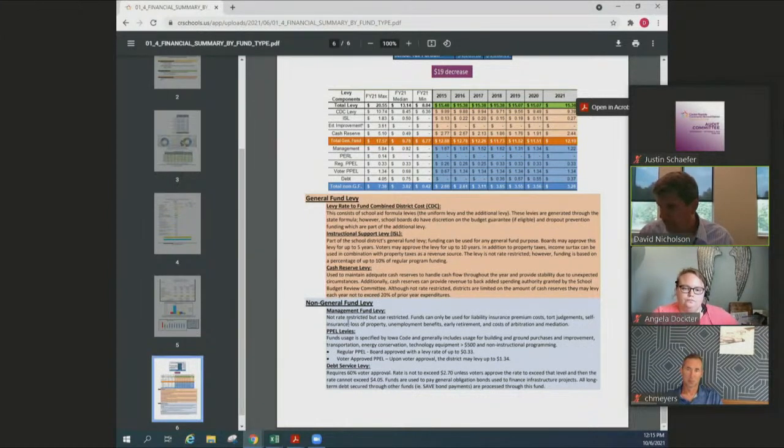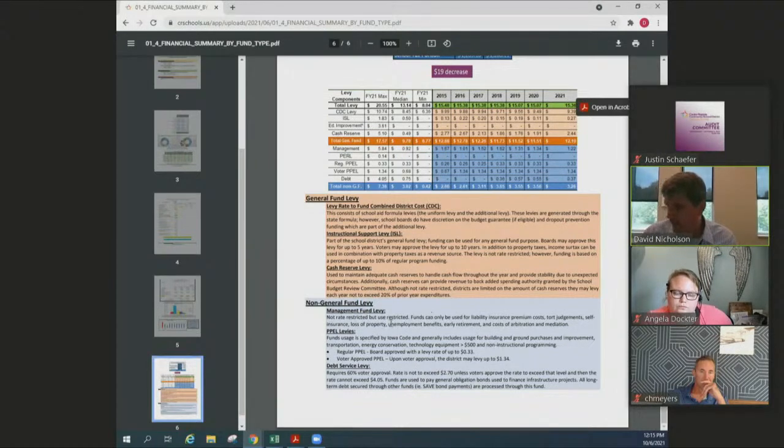When you look at this chart, here are other levies that we have. We have our management fund levies, and you can see where we have been in our levy. Like I said earlier, it's for our general liability insurance, unemployment benefits, early retirement, and costs for arbitration or litigation, such as paying a settlement.